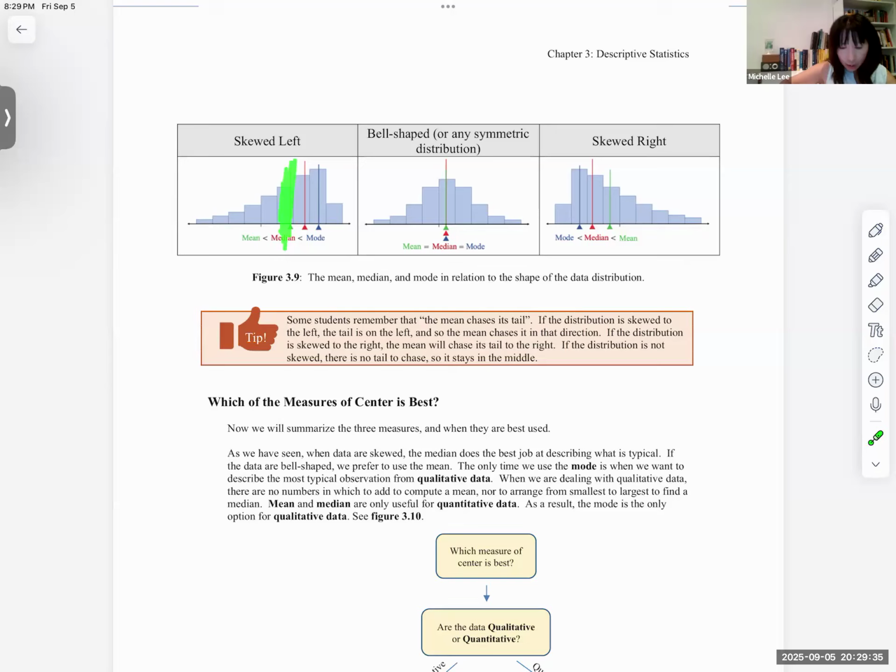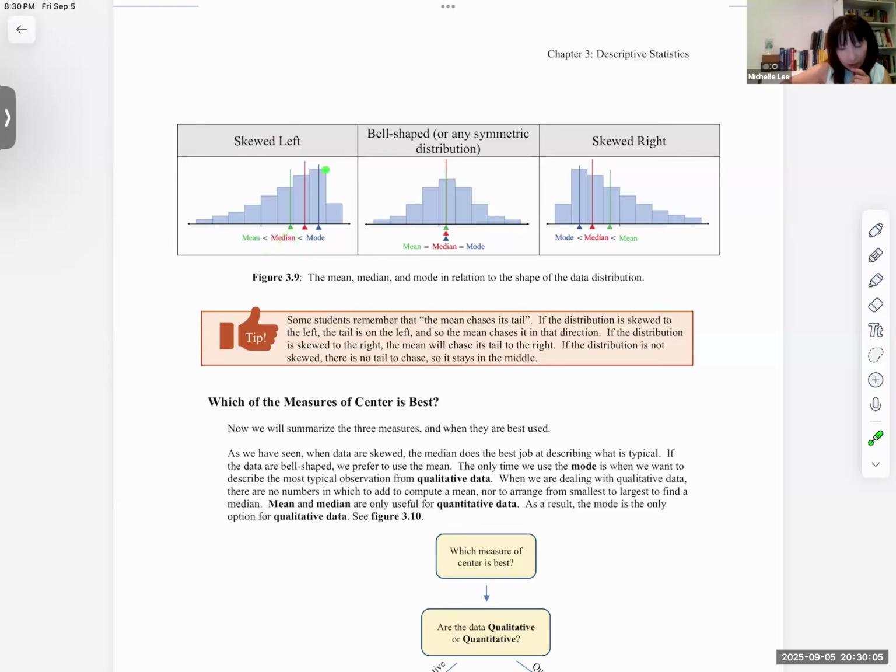But if we have a skewed left, there is lower data that exists, right? That's why we have skewed left. So if we have more lower data, then the mean was changed there. Remember? So the mean is less than the median there.